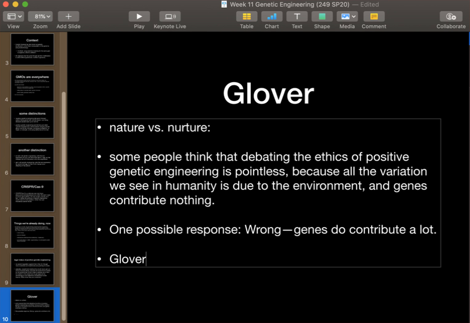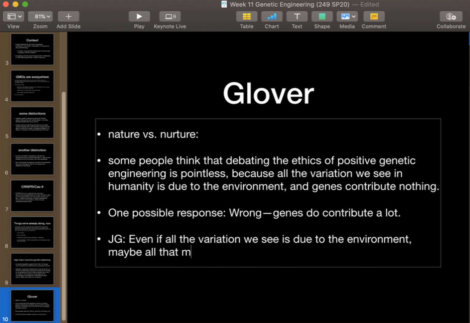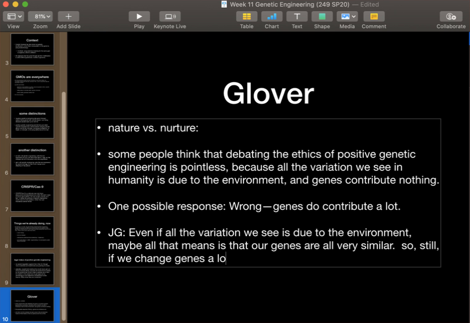What Jonathan Glover says is that even if all the variation we see is due to the environment, maybe all that means is that our genes are all very similar. So still, if we change genes a lot, we can make big changes in our traits.